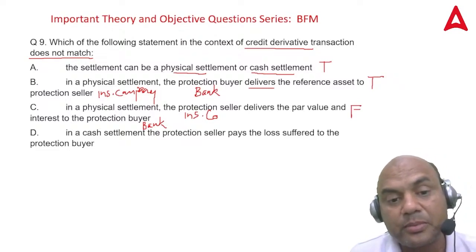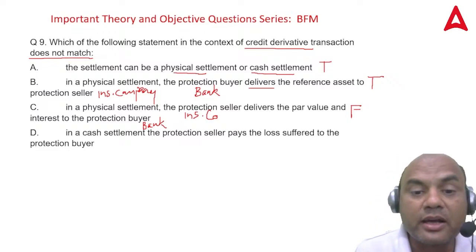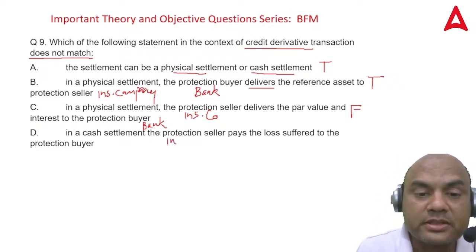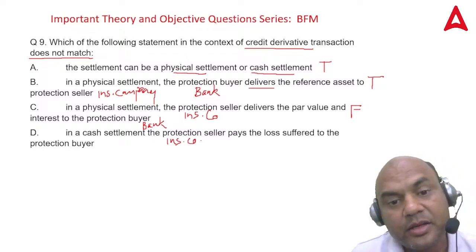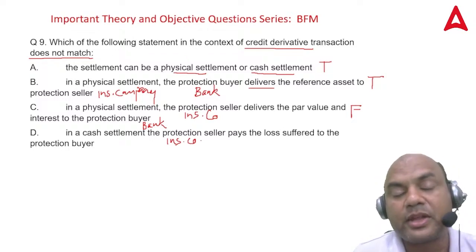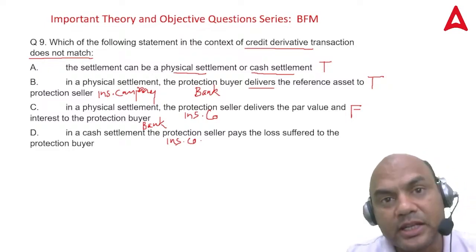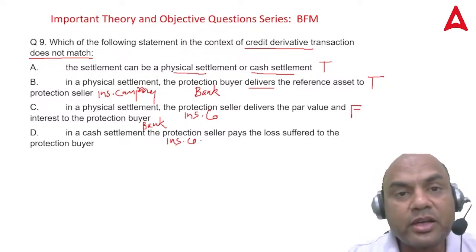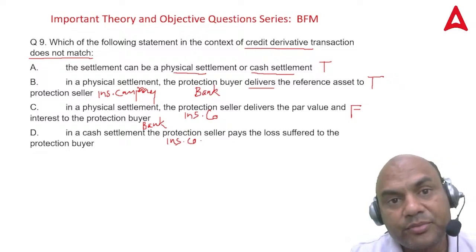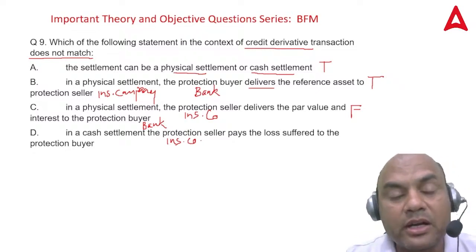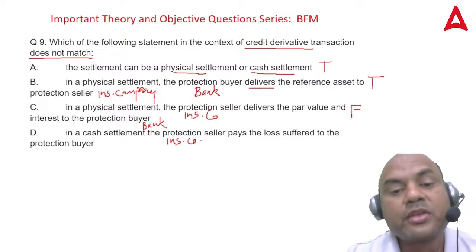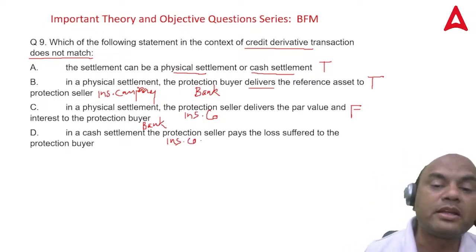In cash settlement, the protection seller means again who? Insurance company. Insurance company pays the loss suffered to the protection buyer. That's right. Means if there is any loss, because I have taken the insurance, and while settling the transaction there is any loss to me due to any event which is covered under that insurance, that insurance company will pay me the difference.